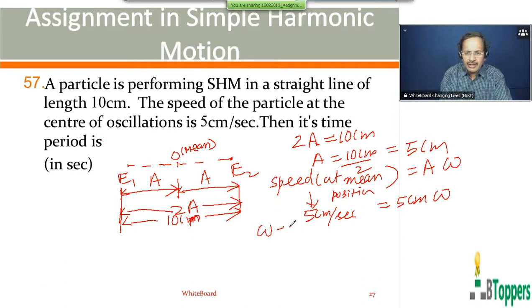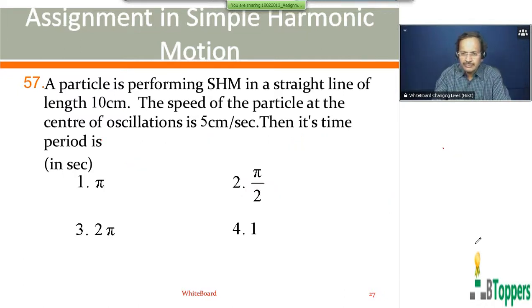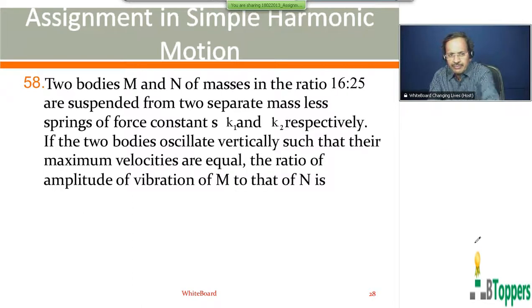So you get omega equal to 1 per second. So the time period of simple harmonic motion can be written as 2 pi by omega. So you get the answer as 2 pi seconds. If you want to copy the working, you can take a pause and copy it. So for question number 57, the third option is the answer.